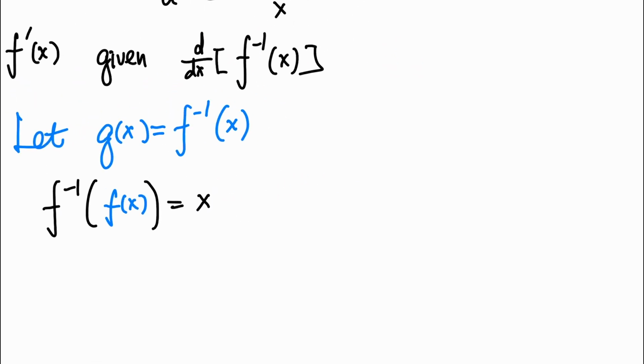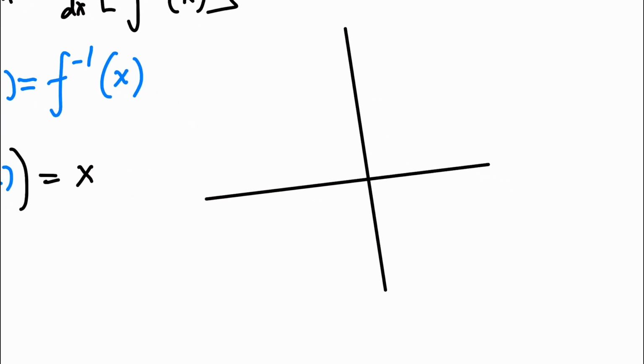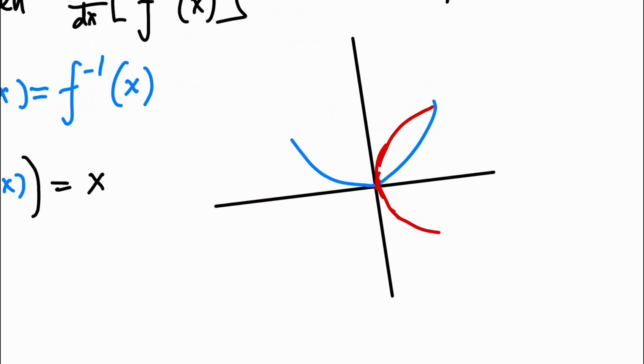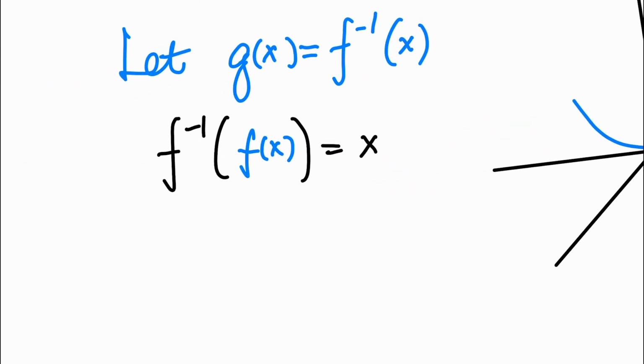If you don't know what an inverse function is, it is basically just switching x and y to get a new function. Well, the new equation might not be a function, and if you see this geometrically, if I have a parabola over here, then its inverse is just going to be a parabola facing right, and that is not a function, but geometrically you can see that it is reflecting over y equals x. And this property is true according to inverse functions.